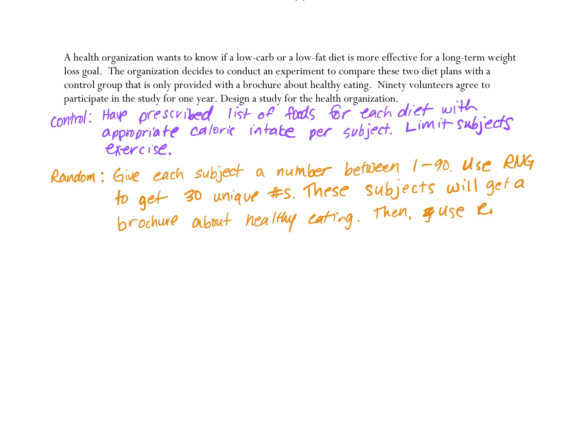use the RNG to get 30 new and unique numbers. Who do you want these ones to be? Low carb.